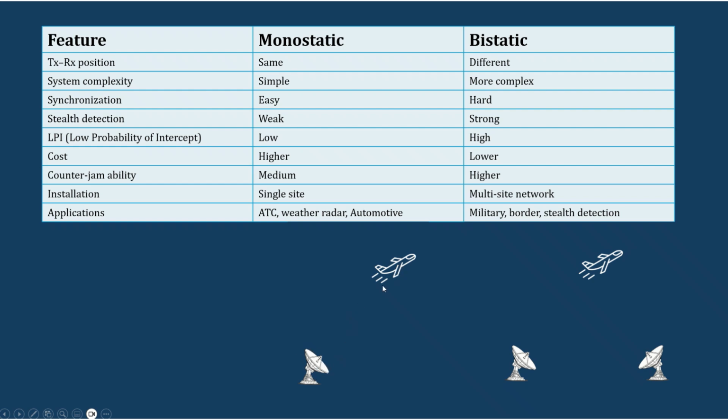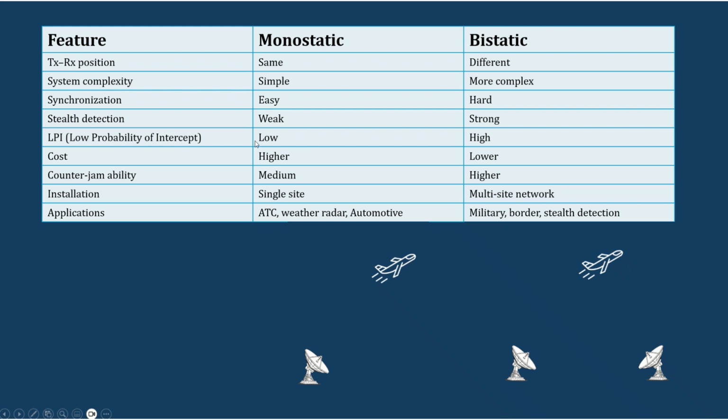That is the probability of intercept. That means that this target can get an indication about the position of this radar. So it is always important to have low probability of intercept. That means that our radar should be invisible to the target also.